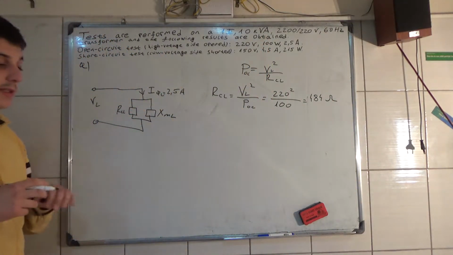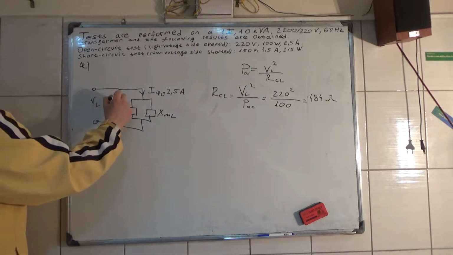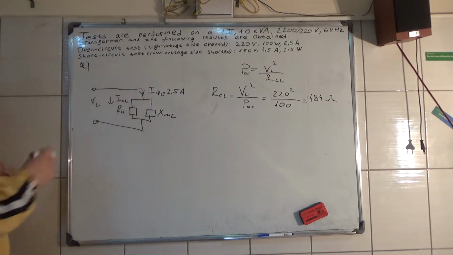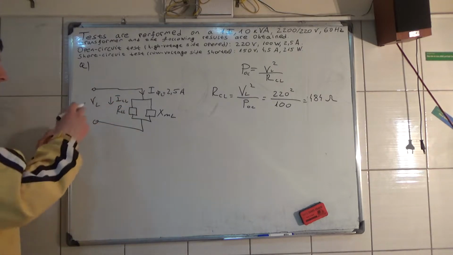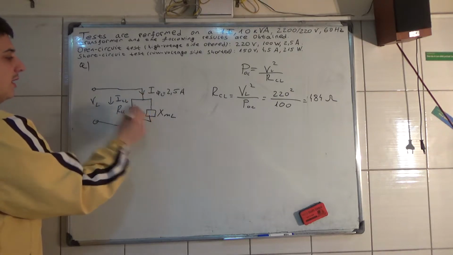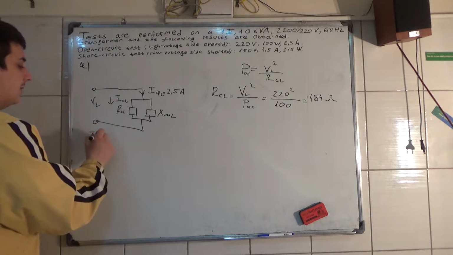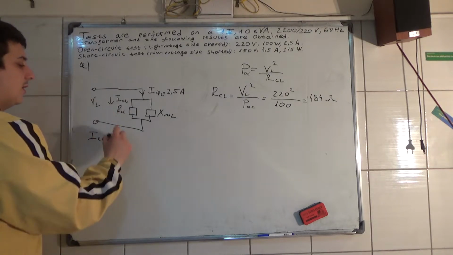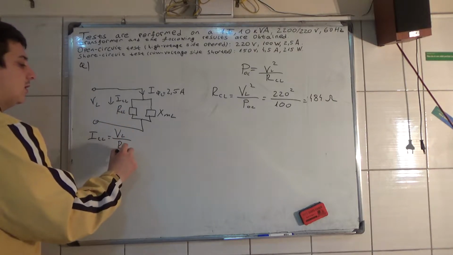Okay, now what is the current ICL of the core loss? Well, that is easy, because by Ohm's law we know that the voltage from here to here is the low voltage VL, and then ICL is equal to the low voltage divided by the resistance.